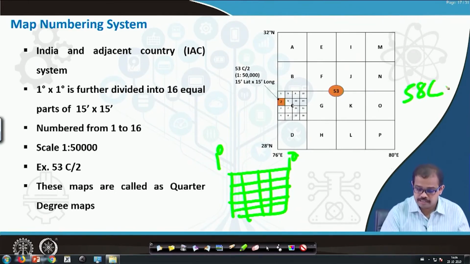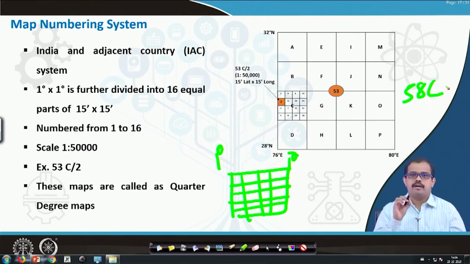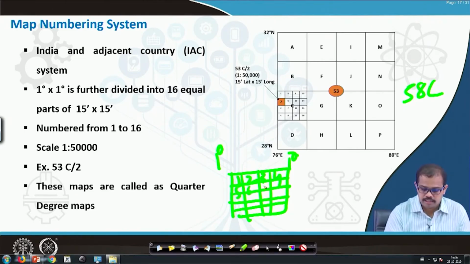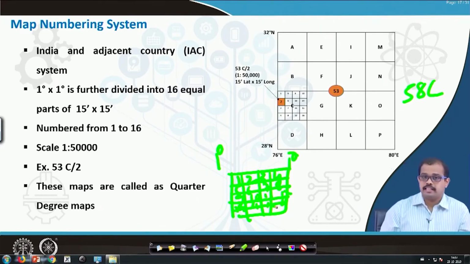Now this particular C, I again divide into 16 boxes, and the boxes are named 1, 2, 3, 4, 5, 6, 7, 8, 9, 10, 11, 12, 13, 14, 15, 16. Each small box is actually representing 15 minutes by 15 minutes on the ground, which means it is 1:50,000 scale.